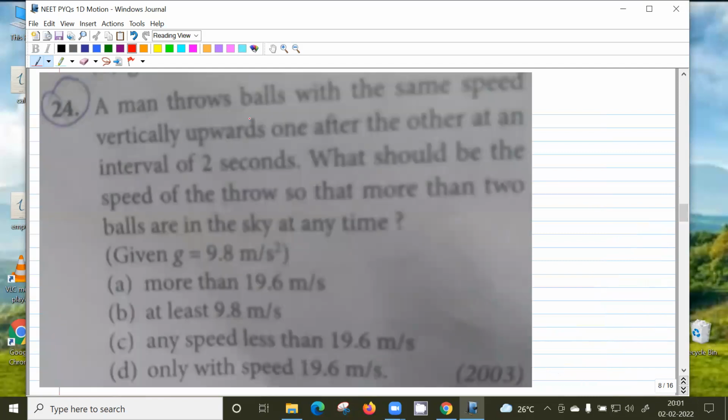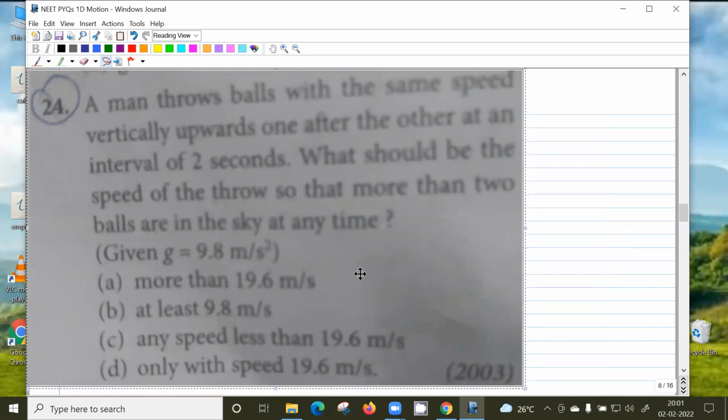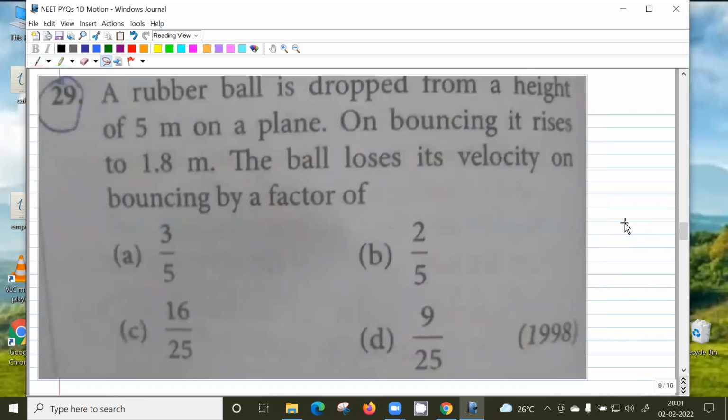Next one. A man throws a ball with the same speed vertically upwards, one after another at a time interval of 2 seconds. What should be the speed of throw so that more than 2 balls are in the sky at any time? So this also you have to draw the figure properly.